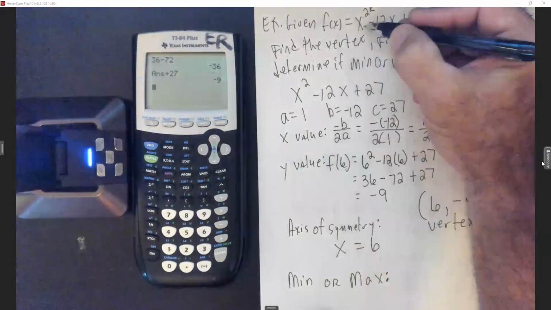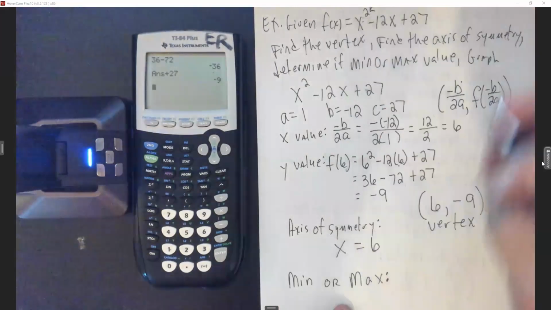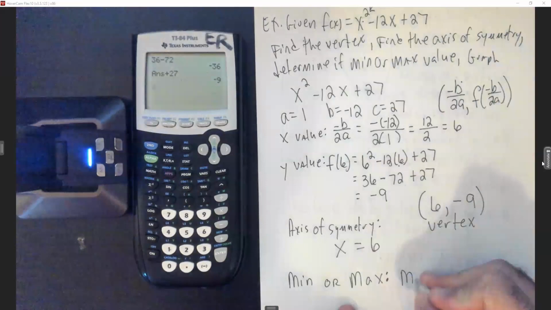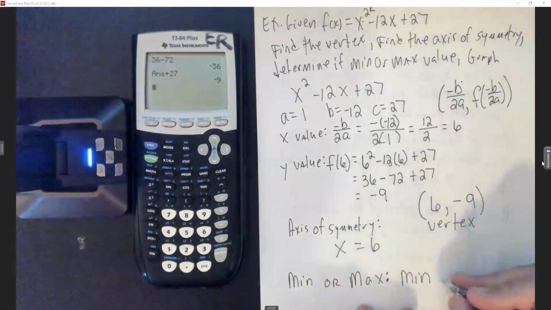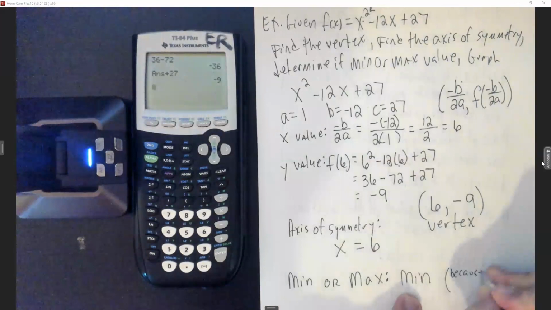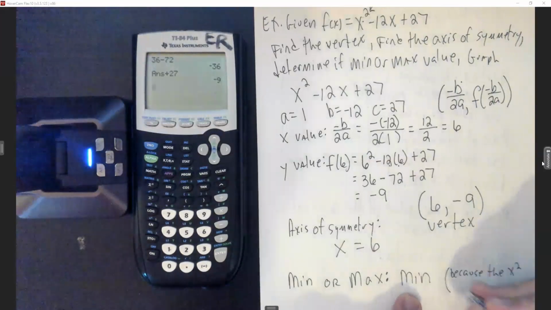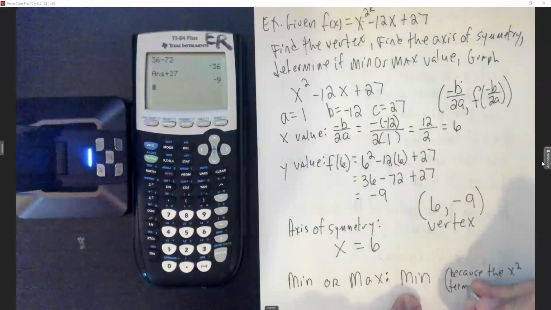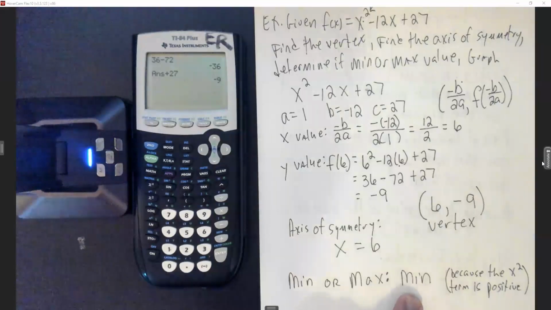So since this x squared term is positive, we're going to have a minimum. And I'll put the reason is because the x squared term is positive. Okay?